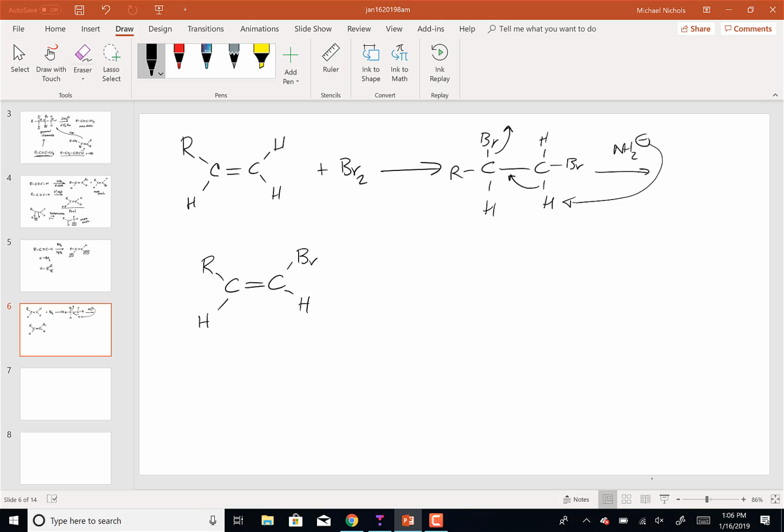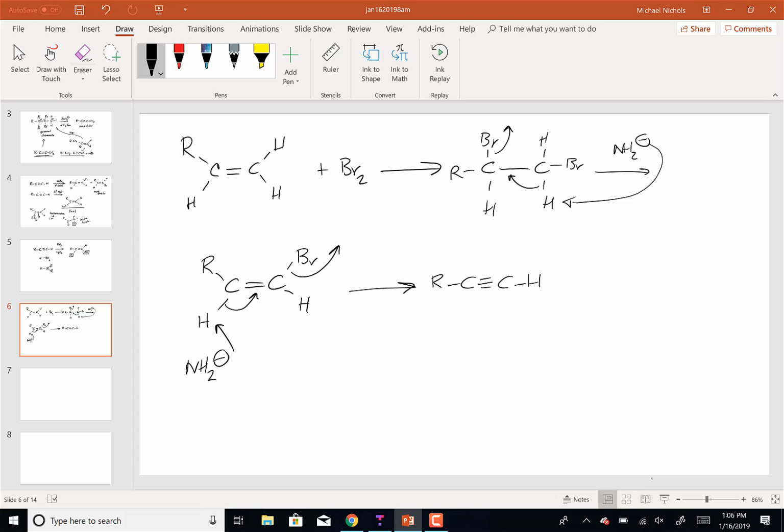And so I have to write the geometry like that. Then in the second step, the NH2- is going to come in and grab that hydrogen and kick that bromine off. Then we're going to form the triple bond.